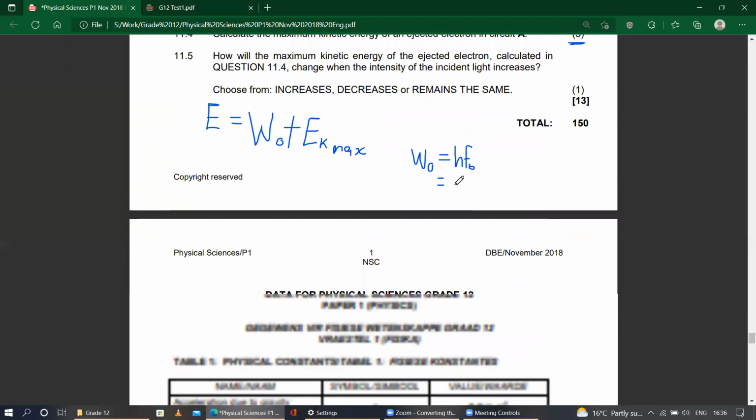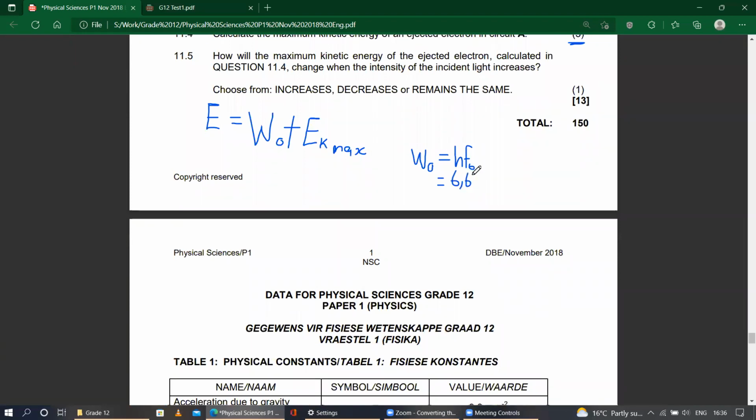So 6.63 times 10 to the exponent negative 34, multiplied by our threshold frequency, it's 5.07 times 10 to the exponent 14.